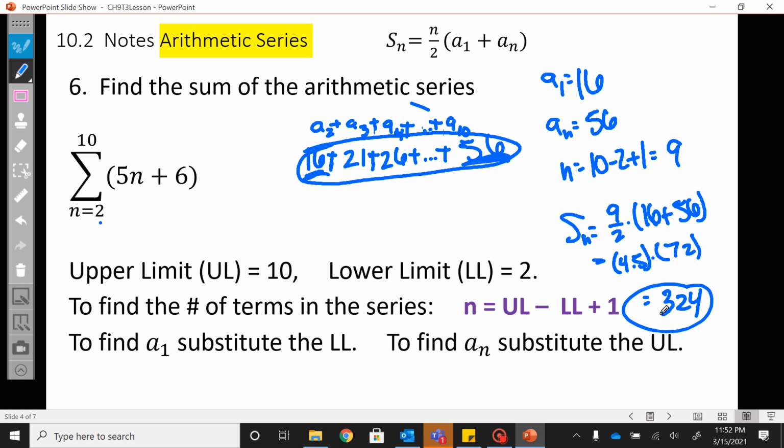So the sum of the series here is 324. The value of the sum of the series from 2 to 10 of 5n plus 6 is 324. That's what this is equal to. It has a value.